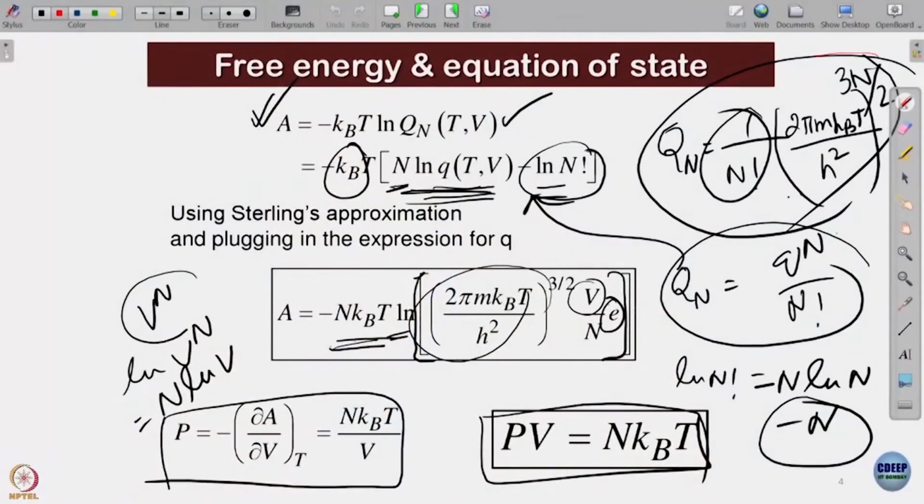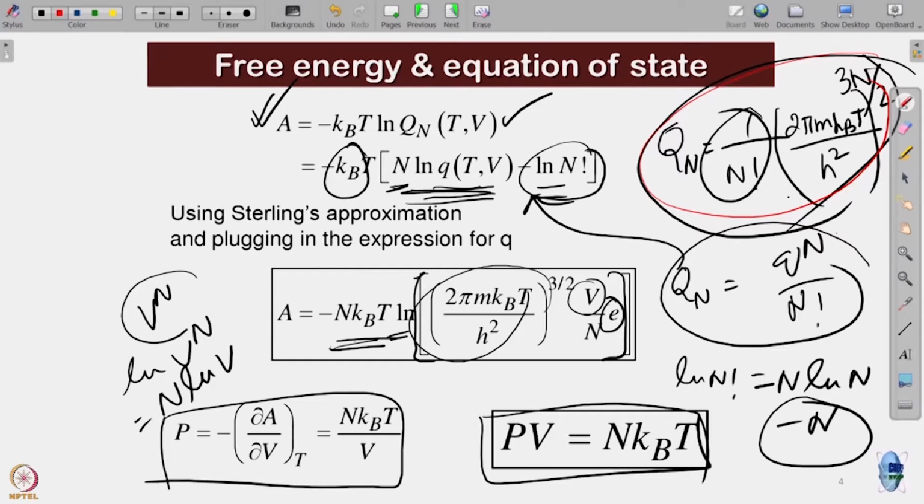Now, in the last class we discussed first the partition function, which is the thing I have here on my board, the Qn.